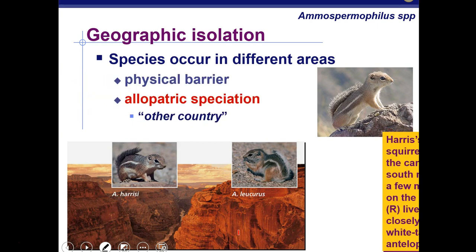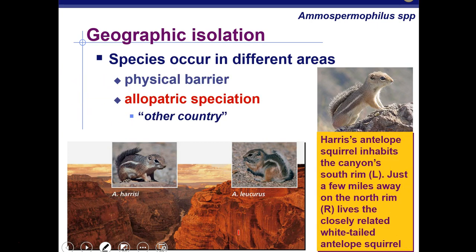Usually the easiest one to understand, it's a physical isolation. You've got this little squirrel that lives on this side of the Grand Canyon, and you've got this little squirrel that lives on that side of the Grand Canyon, and you have this whole huge area in between them. They're not going to cross the Grand Canyon to go meet a lady. They're going to deal with the ladies they have there.